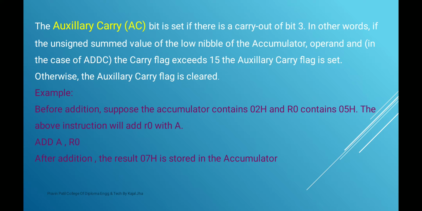R0 contains 5 and A contains 2, so after execution of ADD A, R0 we get the result 07, which is stored in the accumulator. So the value of A is now 07h.